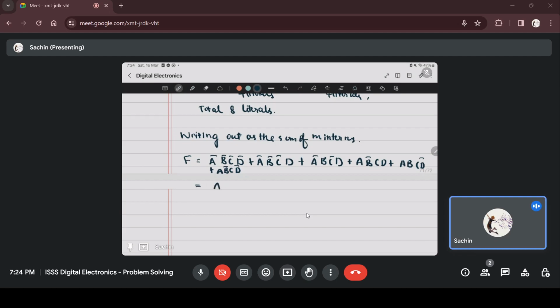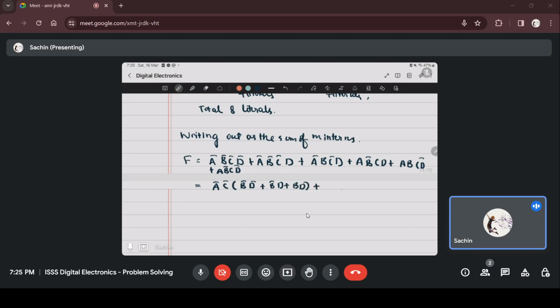Can write this as a bar b bar into c bar d bar plus c bar d plus, right, can write this as a bar c bar into b bar d bar plus b bar d plus bd.